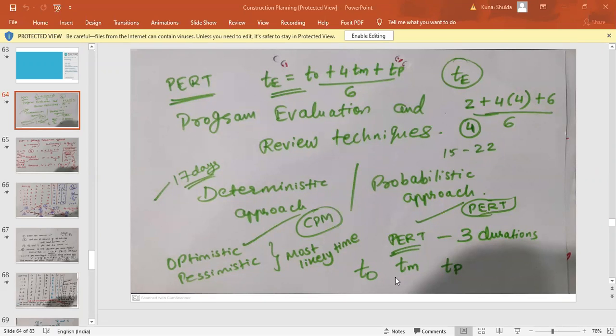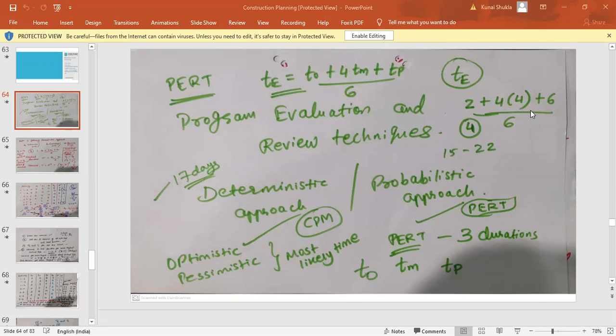You have to get only one time estimate. To get the final time out of these three, we have a formula called small te. Capital TE is the square bracket, and small te is the expected time in the PERT method. The formula is TO plus 4 times TM plus TP, divided by 6.